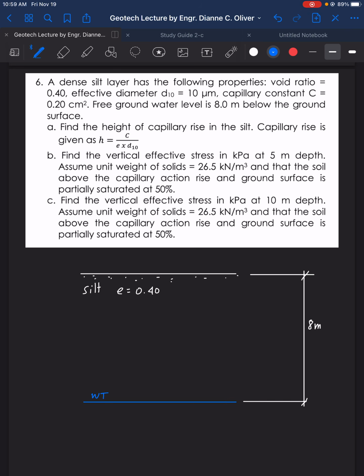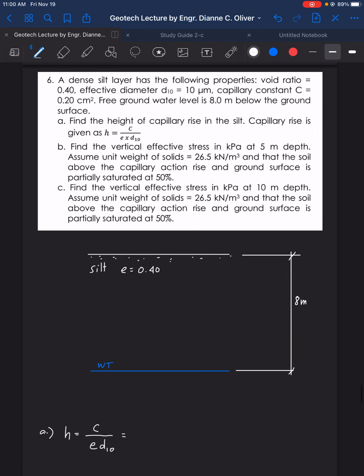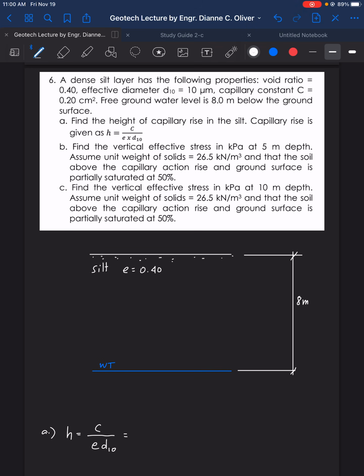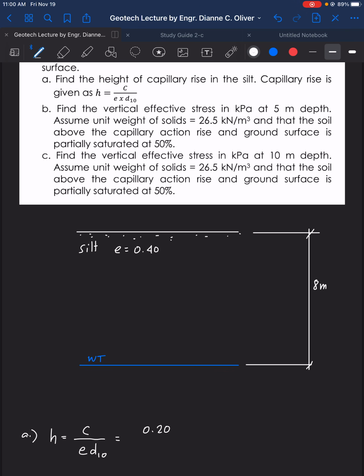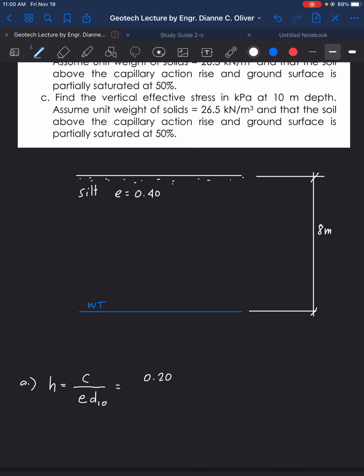First let's compute for the capillary rise of the soil, and the formula is already given. So for letter A, capillary rise H is equal to C over e D10. Given the value of C as 0.20 square centimeters.